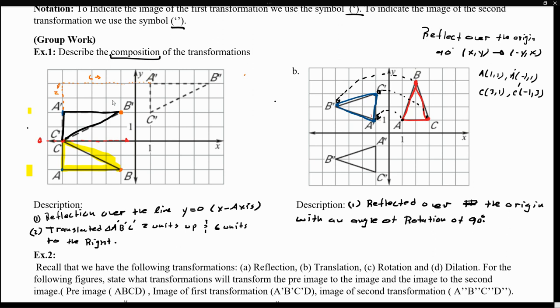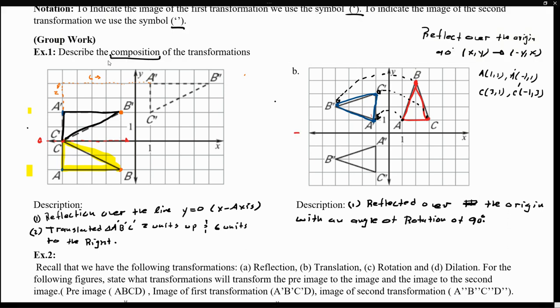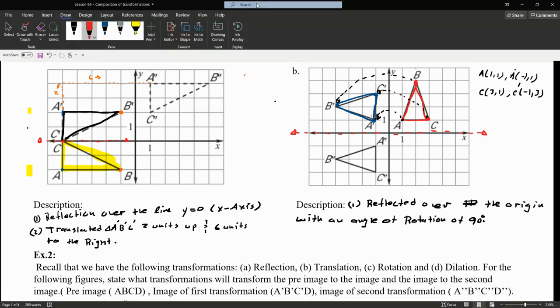But notice that A is 1 unit away from the x-axis, and A prime is 1 unit away from the x-axis as well. C prime is 3 units away, and C double prime is 3 units away. So you can start seeing that this will be an example of a reflection still over the x-axis.